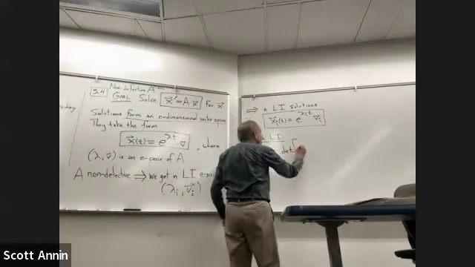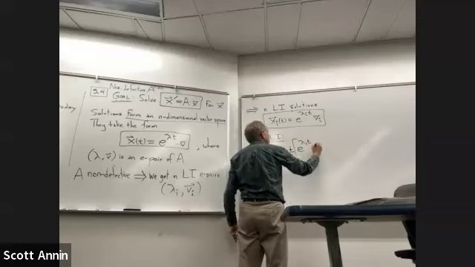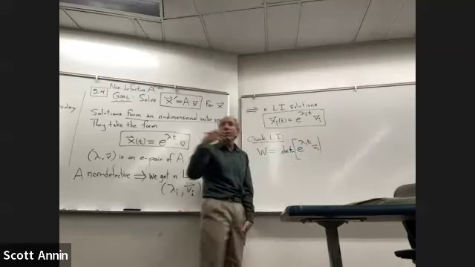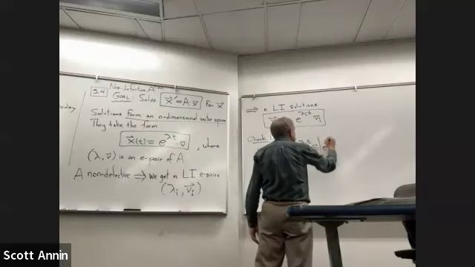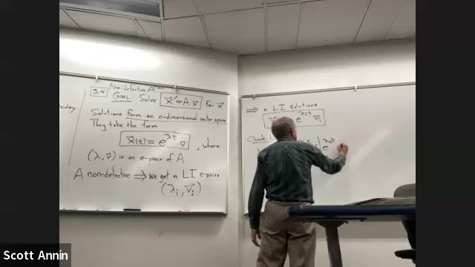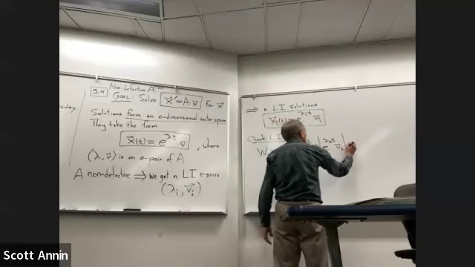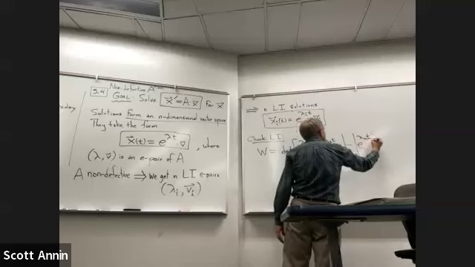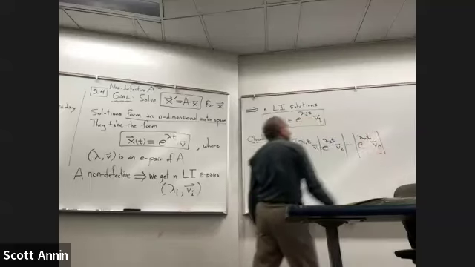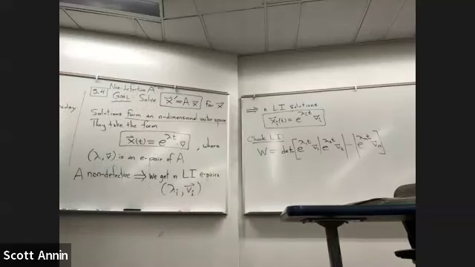So the first column is just e to the lambda 1t times v1. That's the first column of my Wronskian matrix. The second column is e to the lambda 2t times v2, and we go dot, dot, dot like that all the way along. So the last column would be e to the lambda nt times vn. So you just build up this determinant.